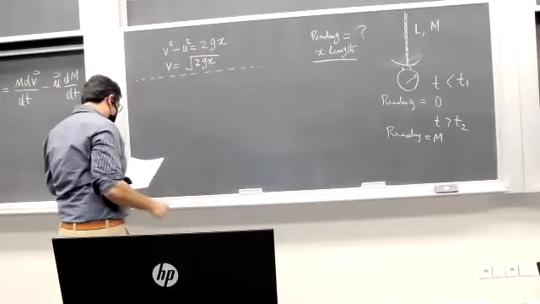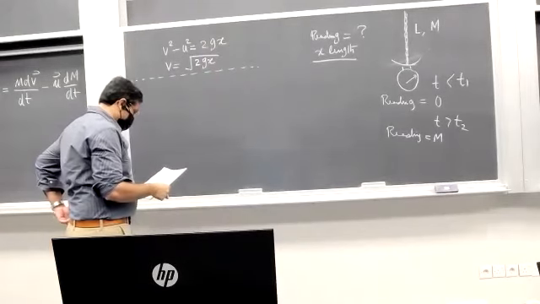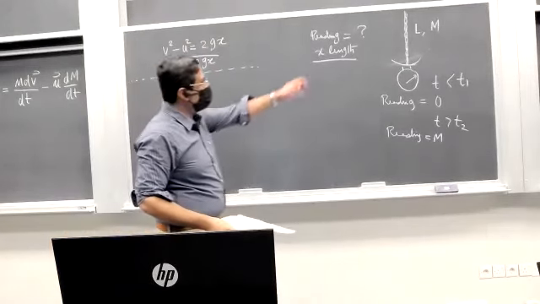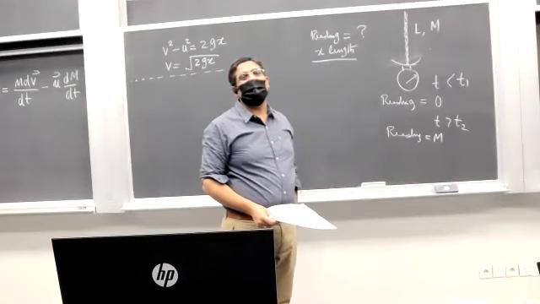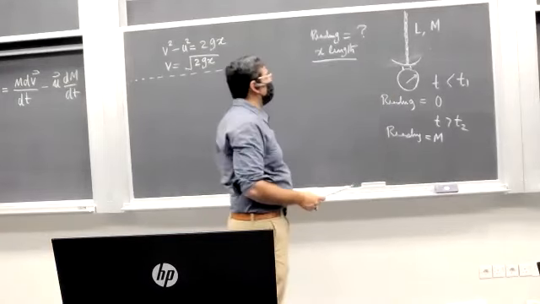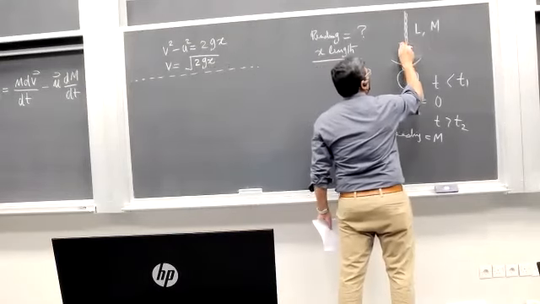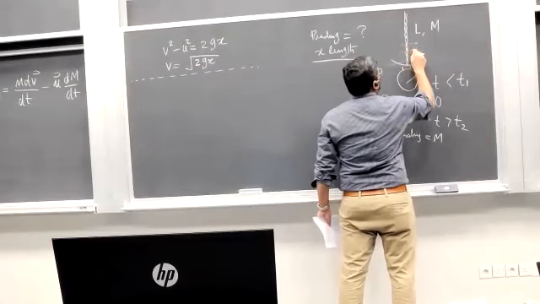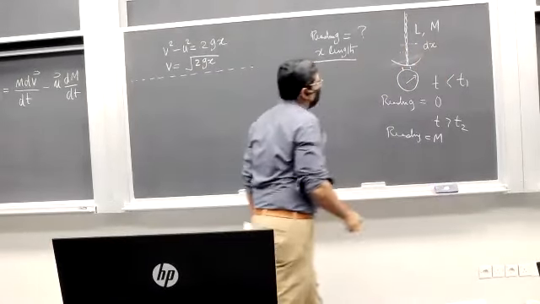Now separately, let's say that this chain has a uniform mass distribution. What is the mass in one small dx length of the chain?